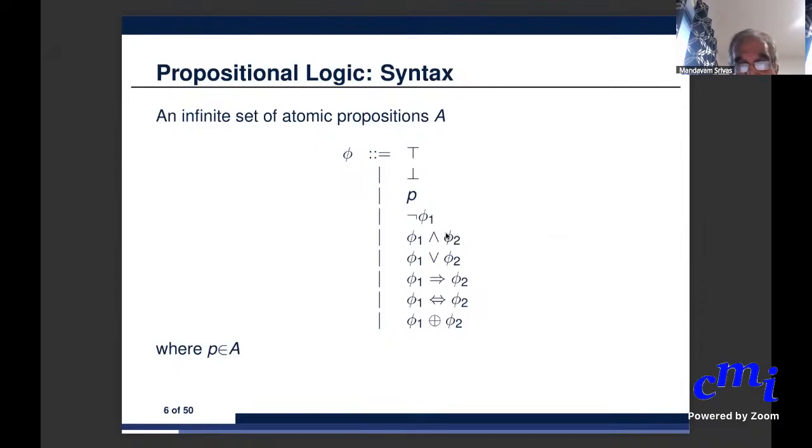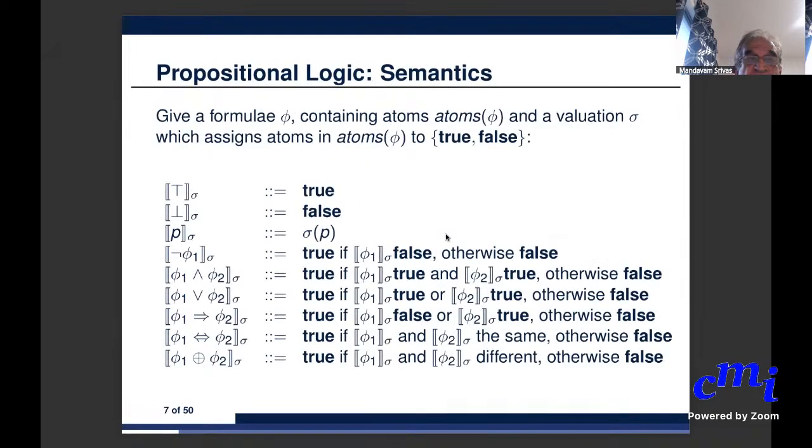Okay, any questions? Now, next is the semantics part, and this gives the rules as to how you determine which formulas constructed as per the syntactic rules are true or false.